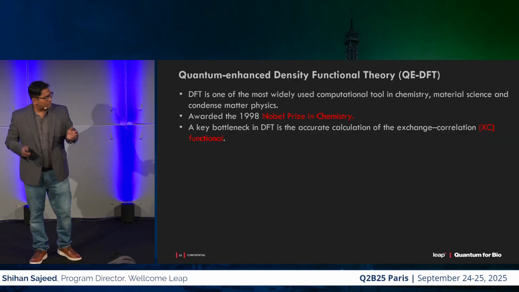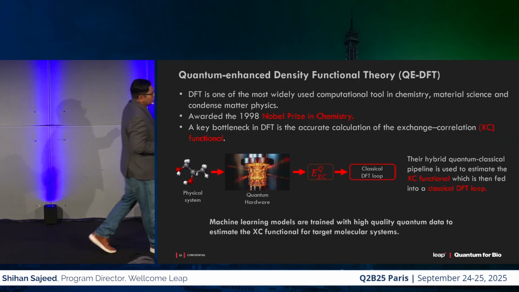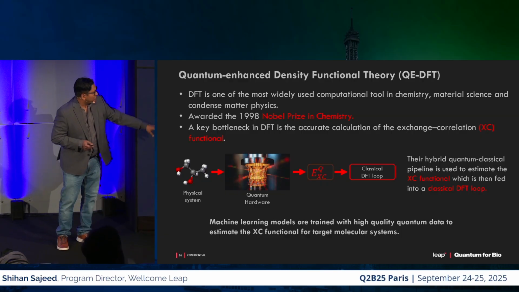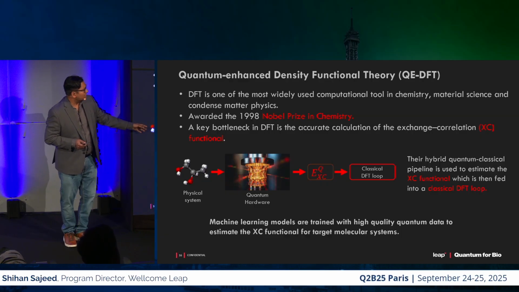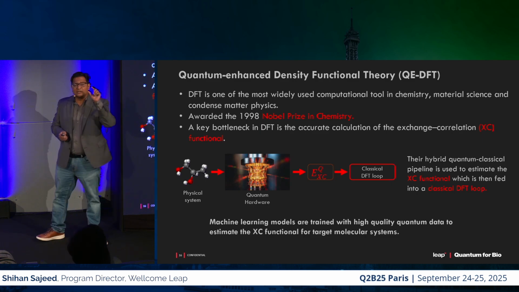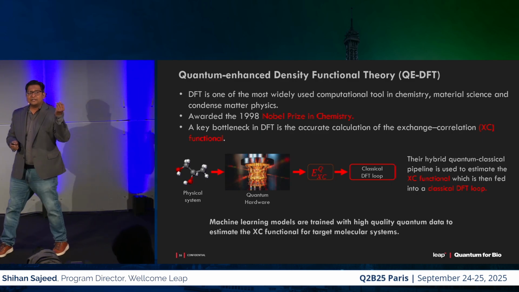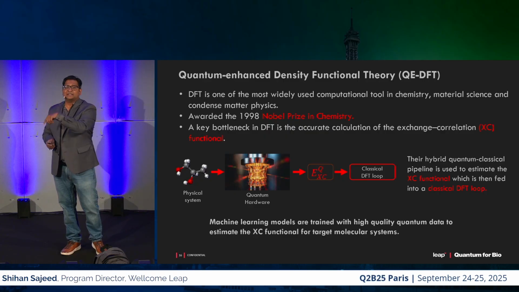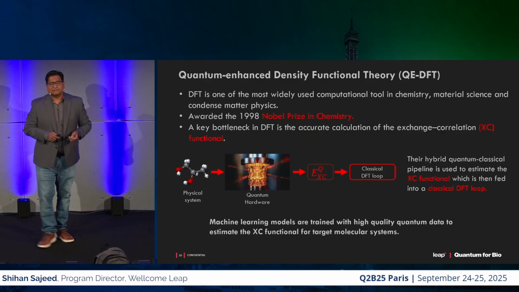What they are trying to do is use a quantum computer to calculate the exchange correlation functional of the DFT, which is the main problem of DFT. When they find the exchange correlation functional, they will feed it to the classical loop to boost the performance of DFT.